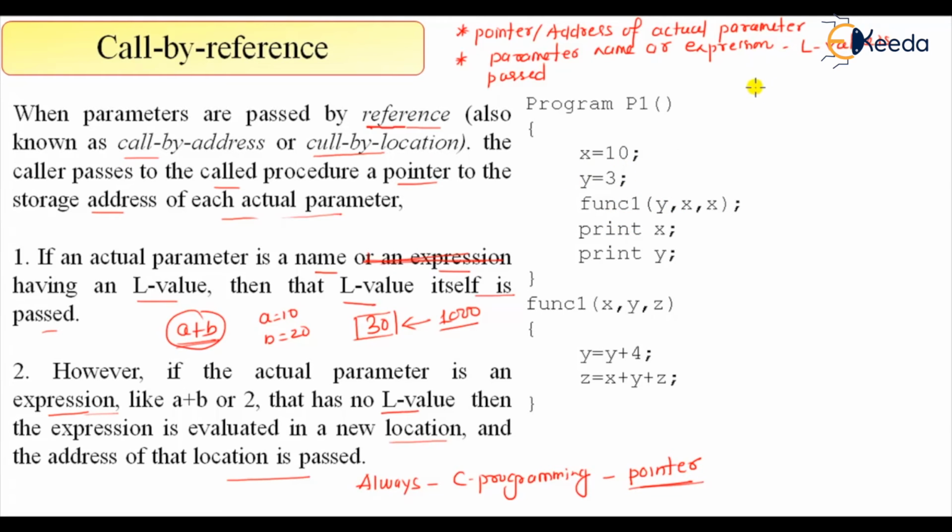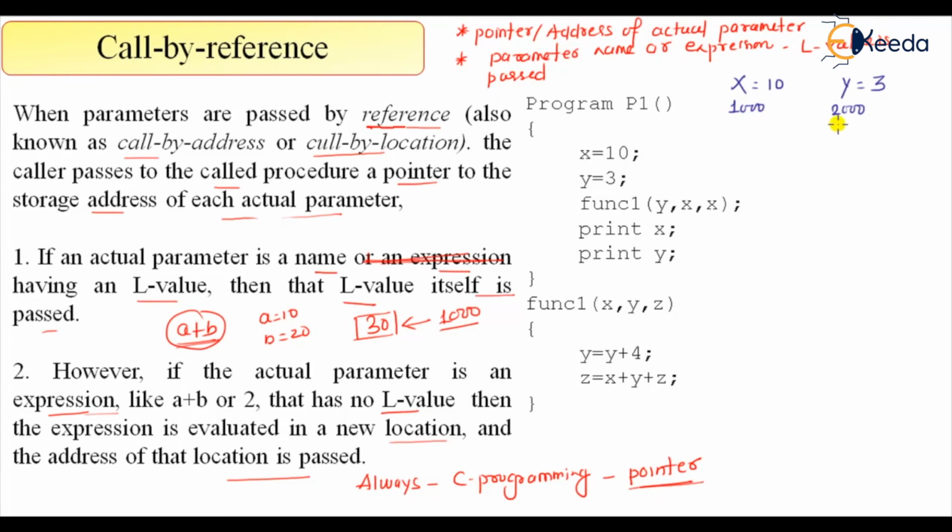So here x is 10 and y is 3. These are two parameters and we are passing the values, but this parameter is passed by reference. So we are passing the location, the L value of y. Let's say the location of y is 2000 and the location of x is 1000.